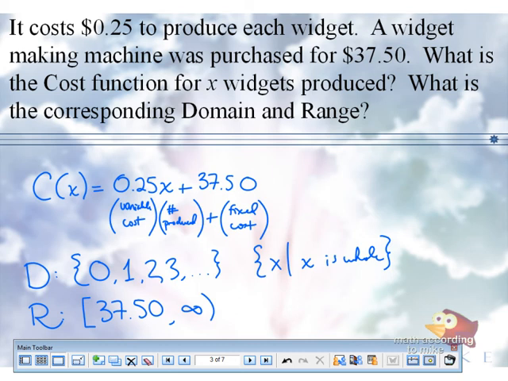What does the bracket mean, by the way? Include. And the parentheses? Almost. If this means include, then this means do not include.